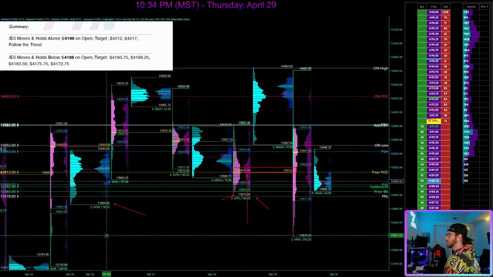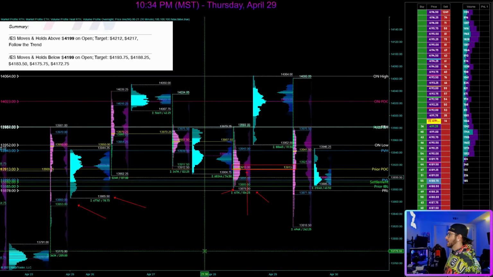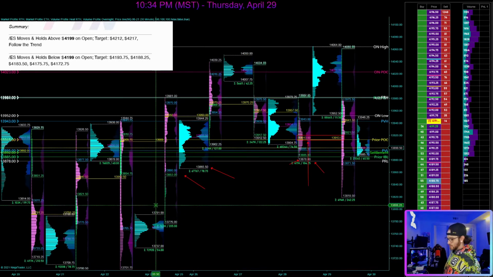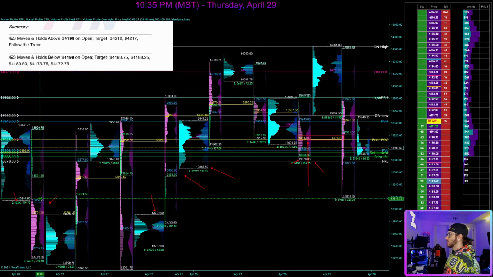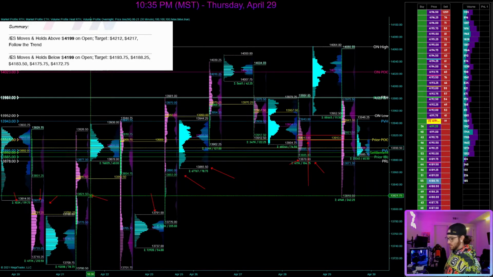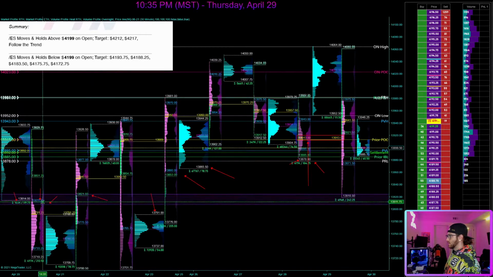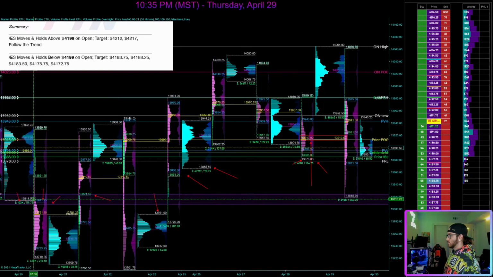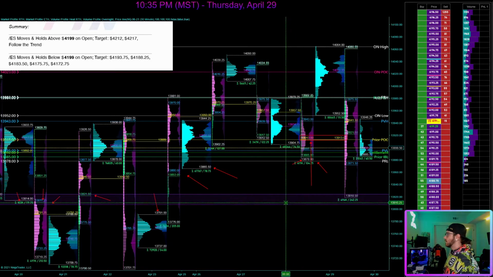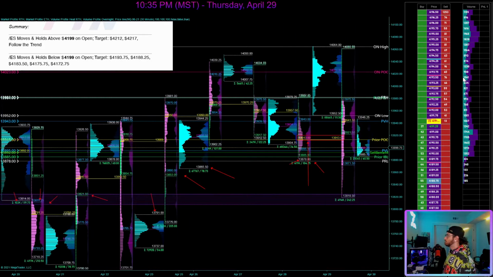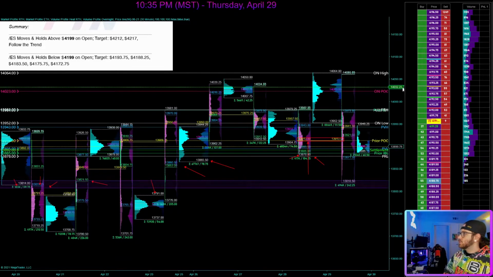You can target these areas from previous profiles, and they will give you a lot of good levels to look at and look towards where price is very likely to get sucked into. So you can see, like right in this area, overnight low, value area high, initial balance high, that is, and of course today's low.